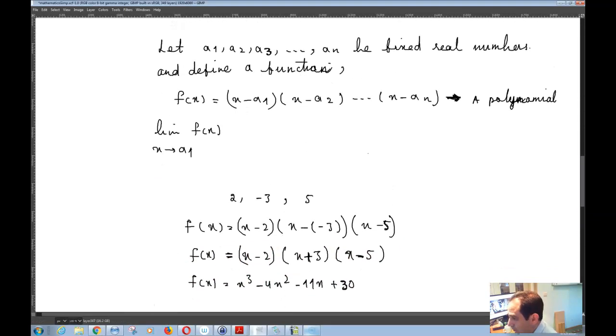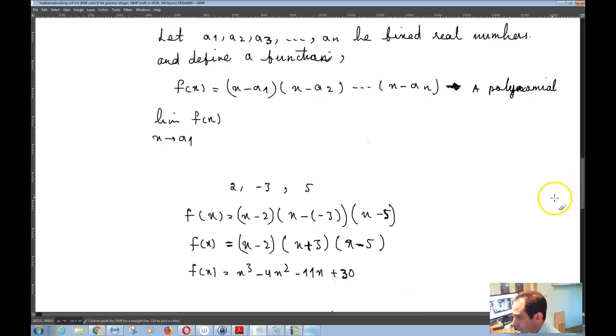So now the situation that we have over here, it says that let a1, a2, a3, all the way up to a of n be fixed real numbers, and define a function as this. That means that these numbers are the zeros of this polynomial. And what that means is that the output of this function at a1, a2, a3, all the way up to a of n is going to be equal to 0, of course, right?